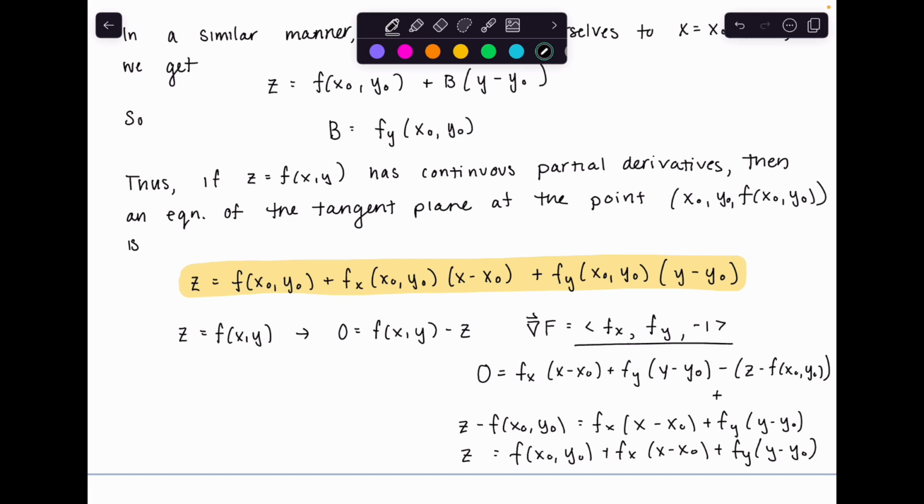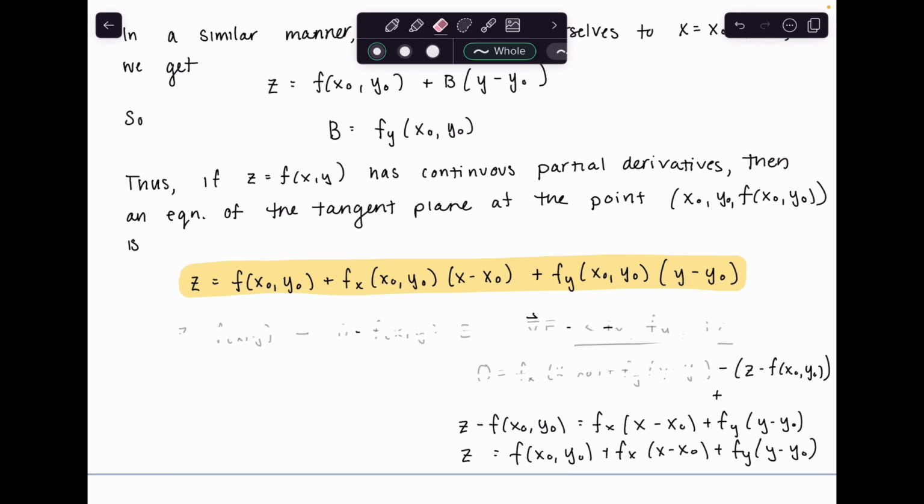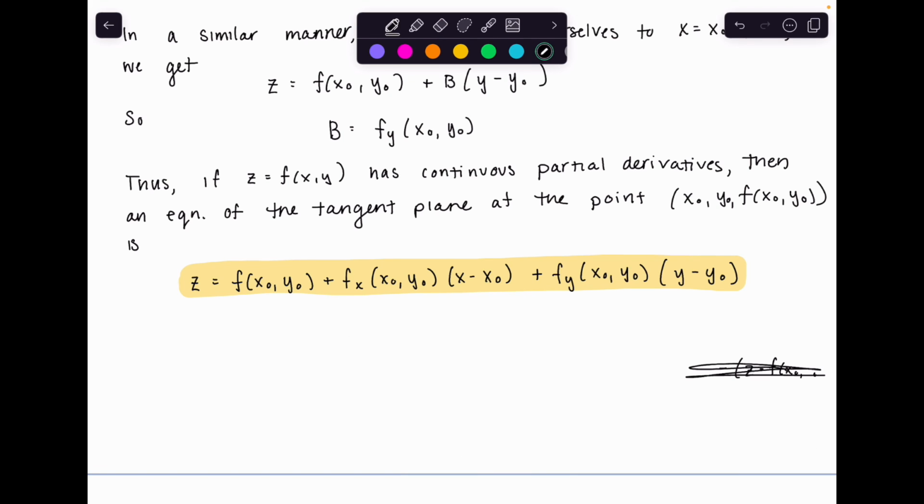It's just a very specific instance because it's not a level surface, it's given to us as that function z equals f of x, y. But same exact concept. So I'm going to go ahead and erase all of this because we don't need this for this particular section.